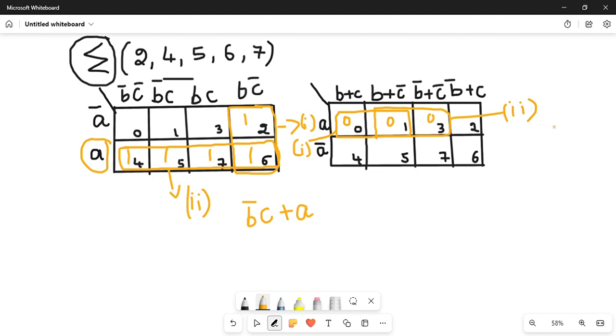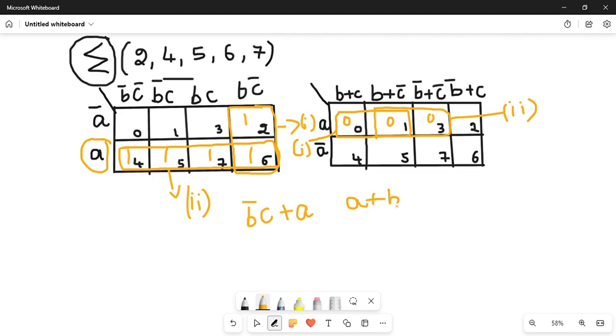Now here you are supposed to write the minimal product. Here it is only A, and here it is the common between these two, B plus C and B plus C bar. So here the common is B. That is why you write it as A plus B.